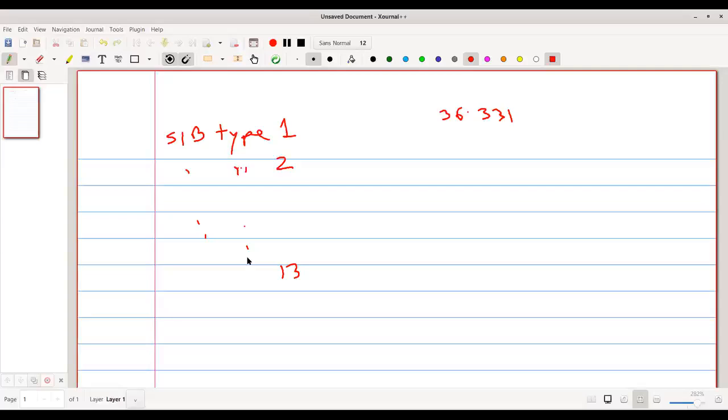These SIB messages are transmitted on and off. It's not like you always have to send all of them. There are many different SIB types, and depending on your implementation, some will be there, some will not.